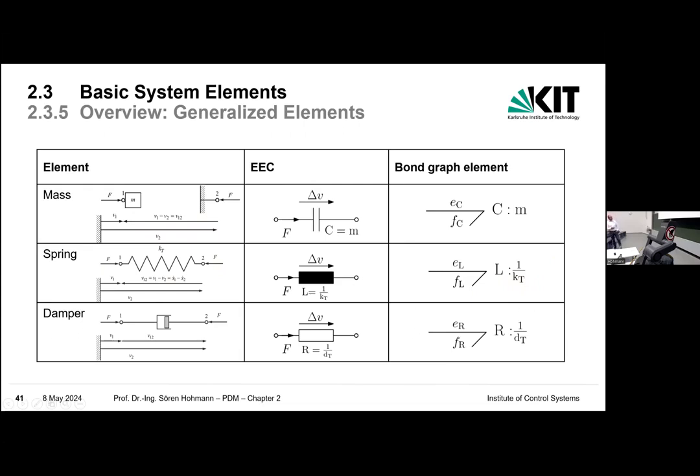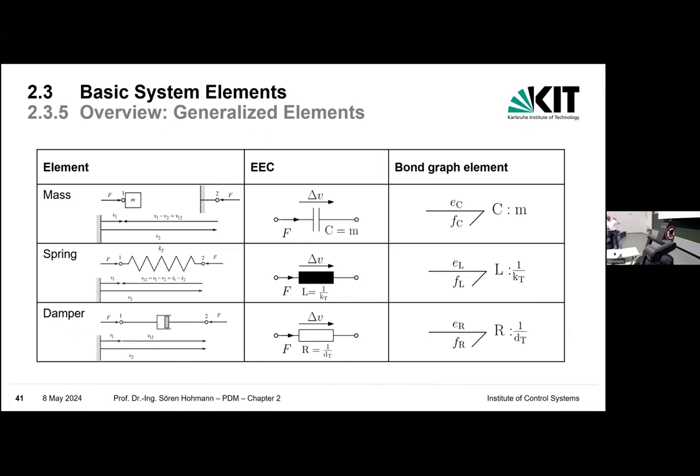And last but not least, everybody knows something like a damper which you have in cars, or even the closing mechanism of these doors over there. It's some sort of damper which operates with compressed fluids, and you have the representation. And now you see a good picture of what we have today.